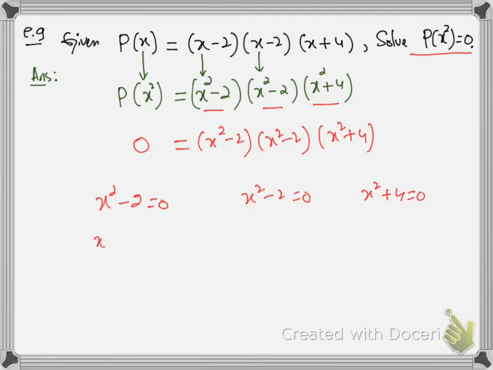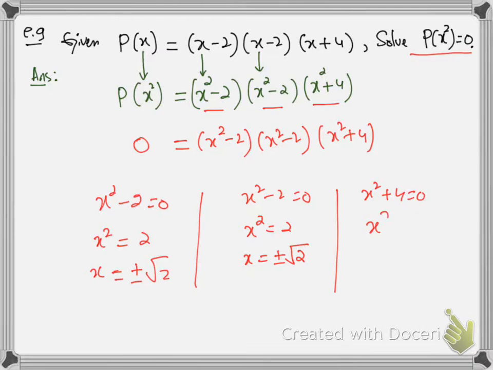From the first equation, we have x square is 2. By taking root on both sides, we have x equals plus or minus under root 2. Now, when we solve the second equation, we have x square is 2. When we take a square root on both sides, we get x equals plus or minus square root 2 in fact.